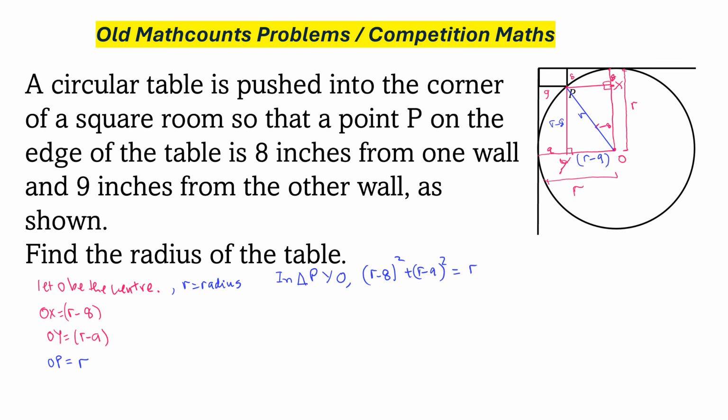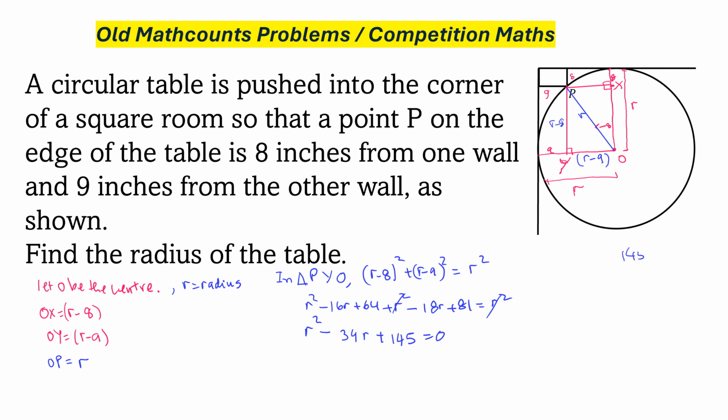This bit is R, so it is equal to R squared. So then if I expand these terms, remove the brackets, R squared minus 16R plus 64 plus R squared minus 18R plus 81 is equal to R squared. So one of these is cancelled out and we're left with R squared minus 34R plus 145 is equal to 0.